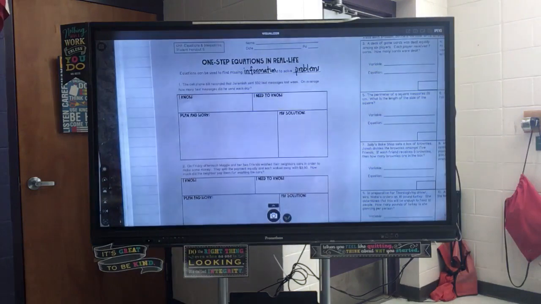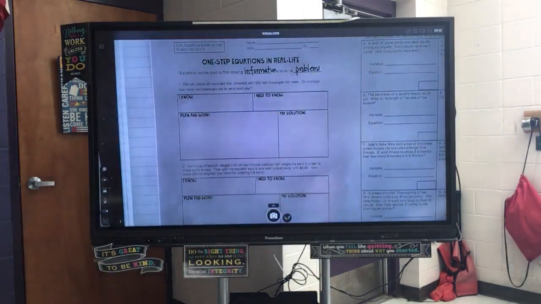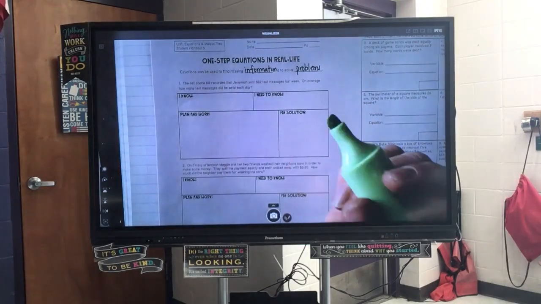All right, so number 1 says, the cell phone bill recorded that Jeremiah sent 532 text messages last week. On average, how many text messages did he send each day? All right, so what do we know that is important in that first sentence? Mikael?